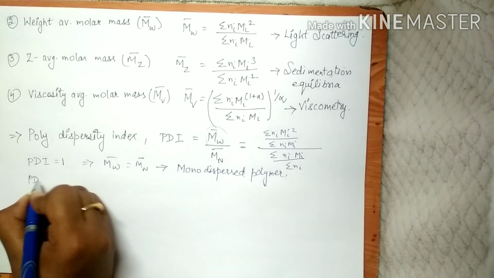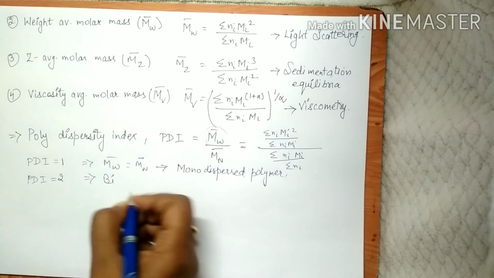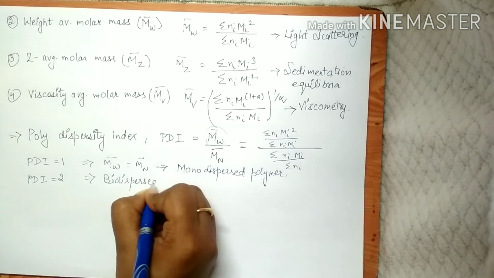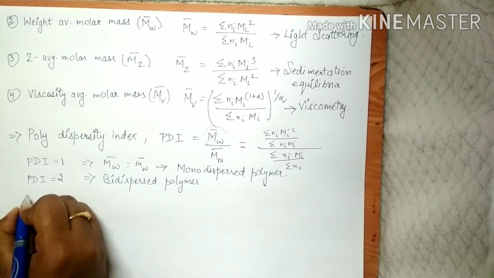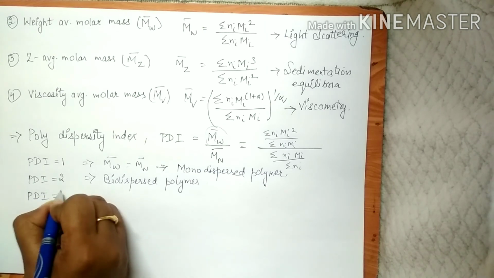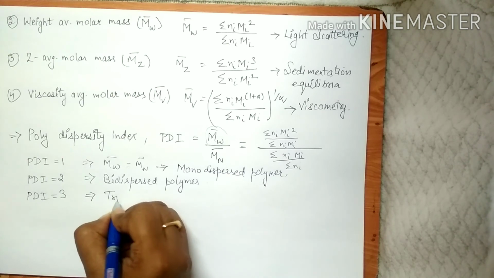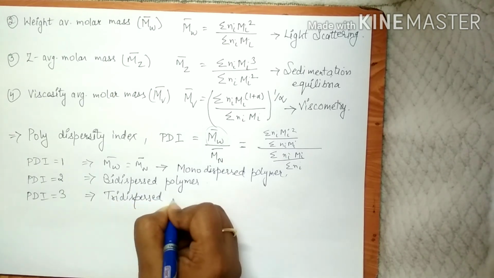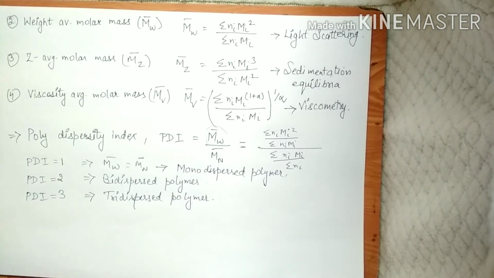If the value of PDI is equals to 2, then it is bidispersed polymer. If the value of PDI is 3, then it is tridispersed polymer. Okay, so this is all about your polydispersity index.